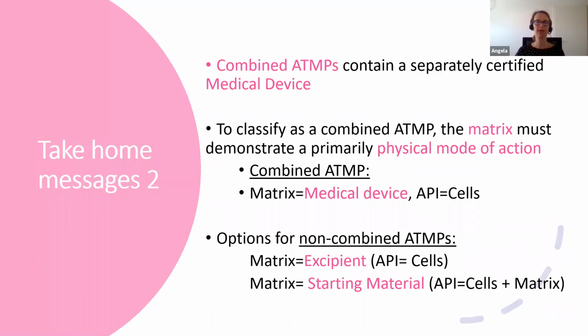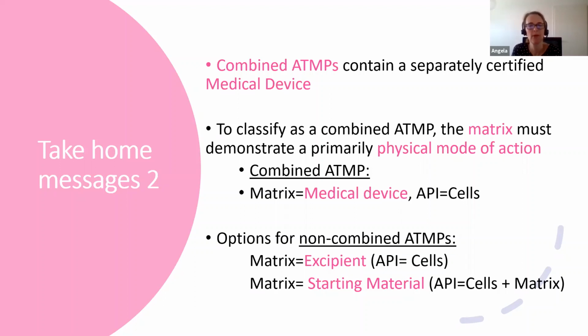So we come to the take-home messages number 2. We found out that combined ATMPs contain a separately certified medical device. If we were to classify as a combined ATMP, we would need to demonstrate that the matrix is a medical device or can be classified as such because it acts via a primarily physical mode of action.